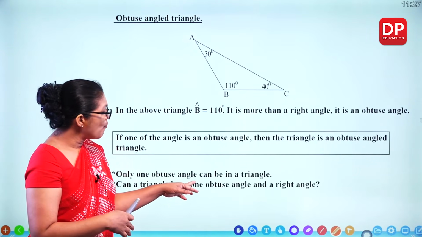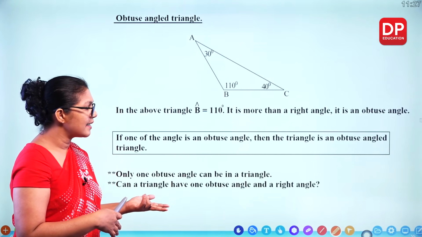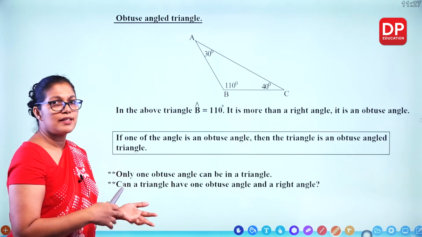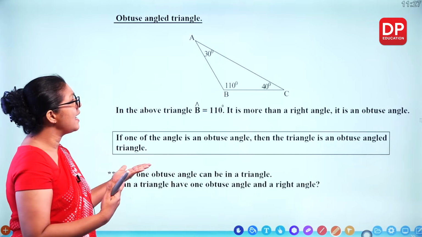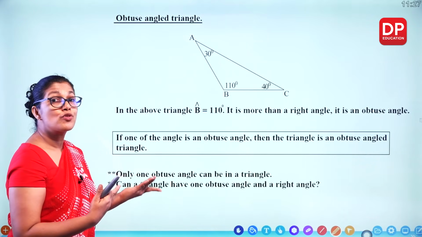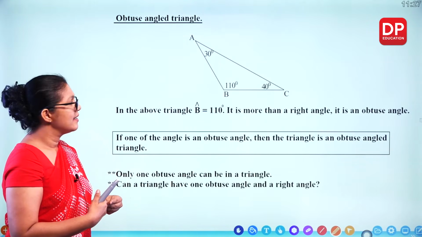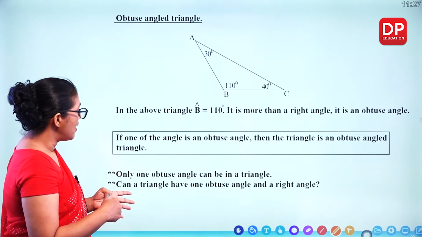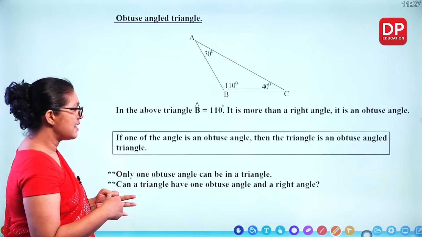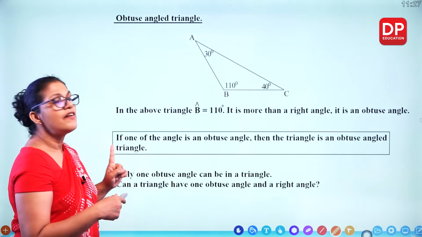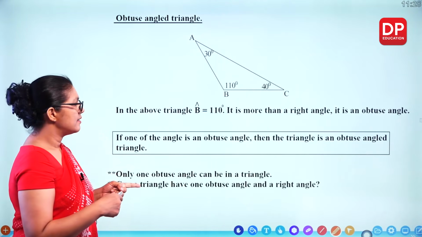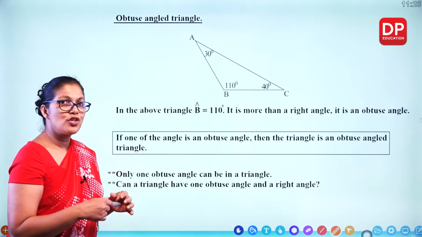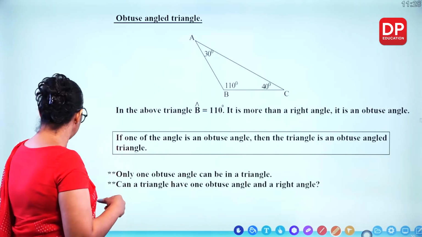Can a triangle have one obtuse angle and a right angle? You can't, because 90 plus 110 becomes 200, more than 180. So you can't get an obtuse angle with a right angle. So what's the type? Obtuse angled triangle.